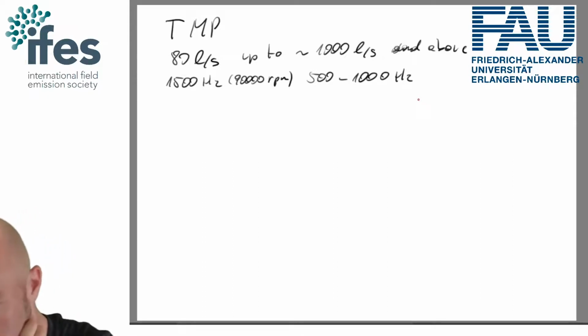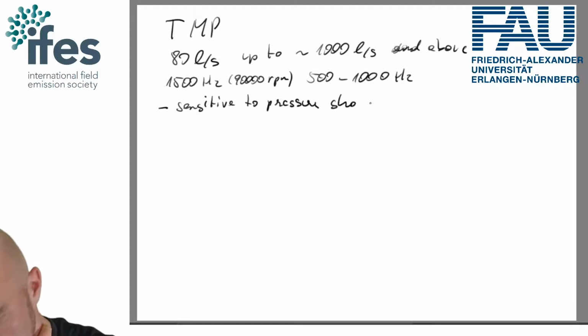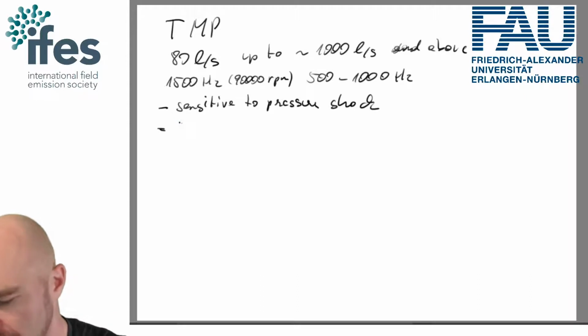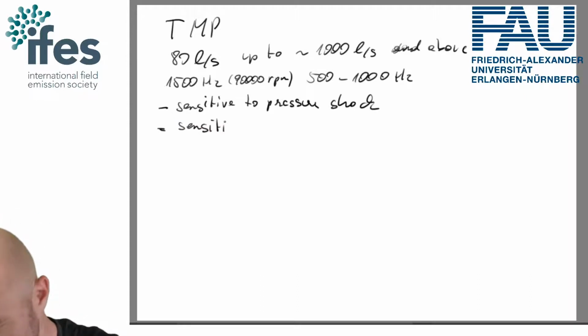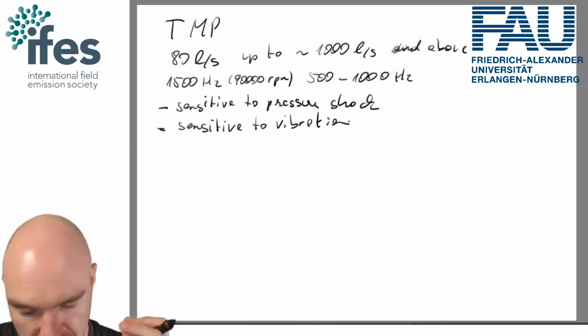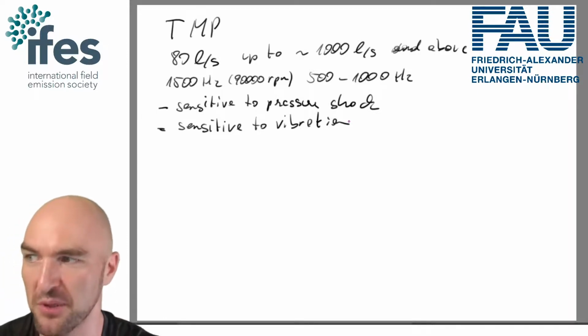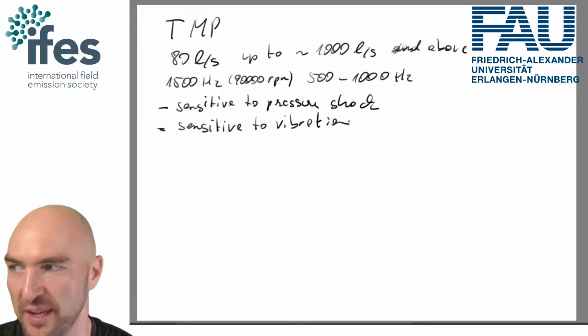And because of that, they are sensitive to pressure shocks, and they are also sensitive to vibrations. I don't know that for a fact, but I've heard that, for example, people in Japan don't like to use turbo pumps because if you get an earthquake, you might have a problem.